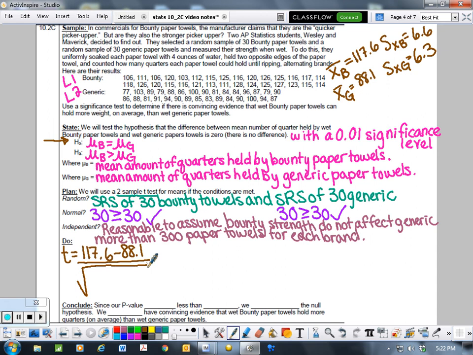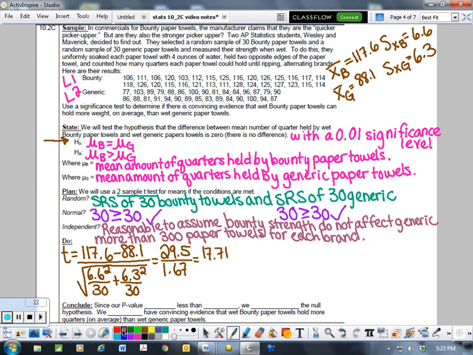So standard deviation of one squared divided by our sample size plus a standard deviation of another squared divided by our sample size. And this will give us that t-score. And so we end up with 29.5 divided by about 1.67, which gives us a t-value of 17.71.